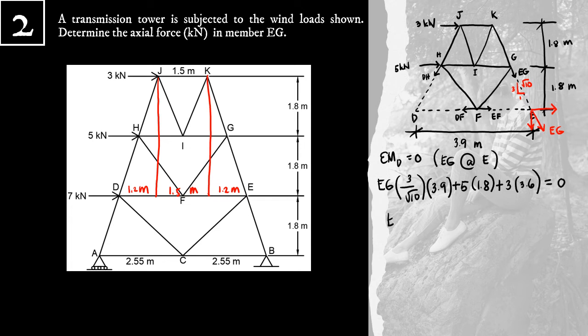Solving for EG, EG is equal to negative 5.35 kilonewtons. Again, the negative value means that our assumed direction for EG, which is tensile, is incorrect. EG should be compressive.